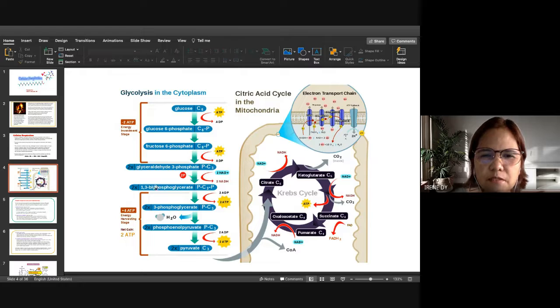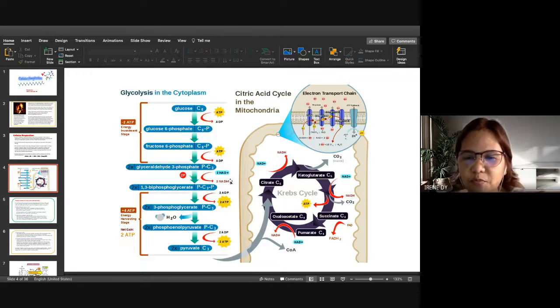Pero dito class, glyceraldehyde 3 to 1,3-bisphosphoglycerate, okay, pareho silang C3. But here, it's not ATP to ADP, but 2 nicotinamide adenine dinucleotide to 2 nicotinamide adenine dinucleotide hydrogen, okay, or NADH. Parang nadagdagan siya ng isang hydrogen.